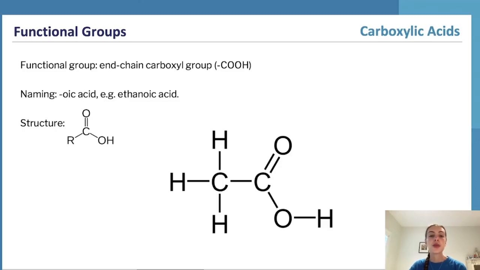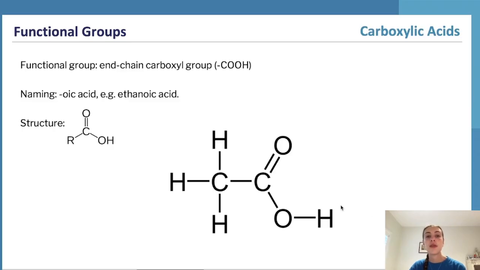Our next functional group we can look at is the carboxylic acids, and they have a functional group which is called an end-chain carboxyl group. The end carbon of the chain has a double bonded oxygen, a carbonyl group, and a single bonded oxygen and hydrogen, a hydroxyl group.